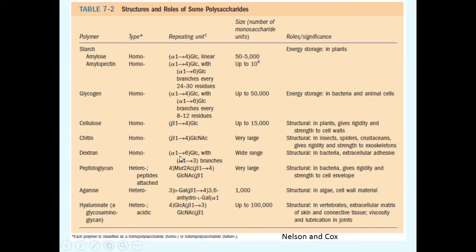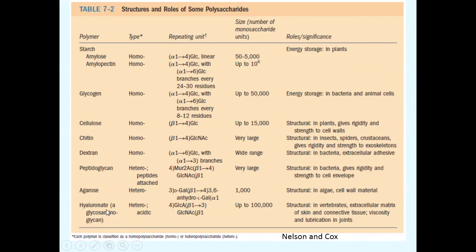Peptidoglycan is a structural heteropolysaccharide found in bacterial cell wall. Agarose is a heteropolysaccharide found in algae. Hyaluronate is a structural heteropolysaccharide found in the extracellular matrix of animals. We will look at the structure of peptidoglycan and hyaluronate in the coming sessions.